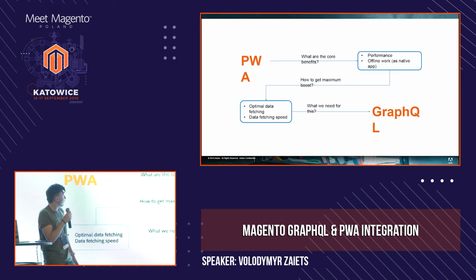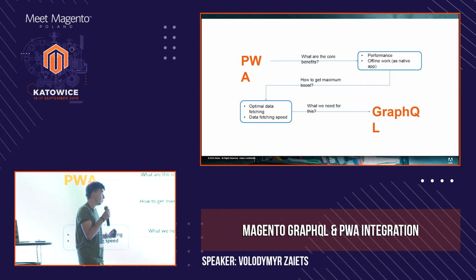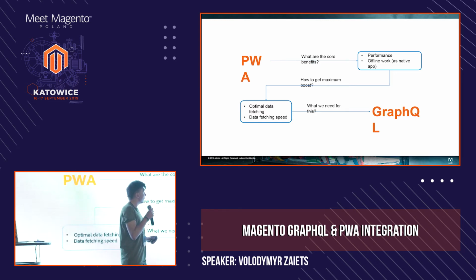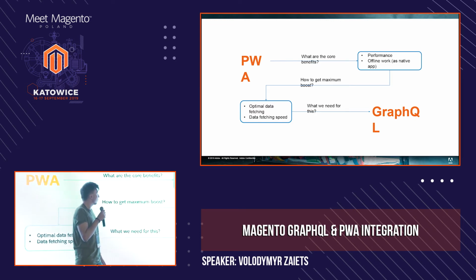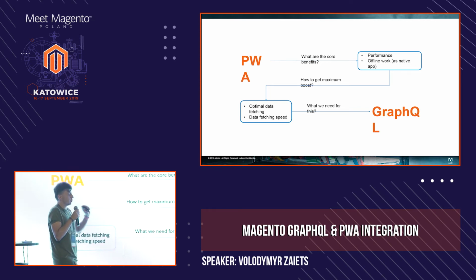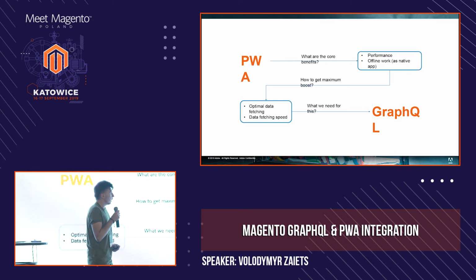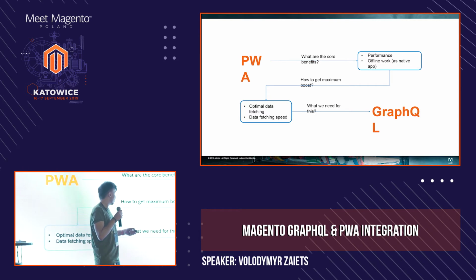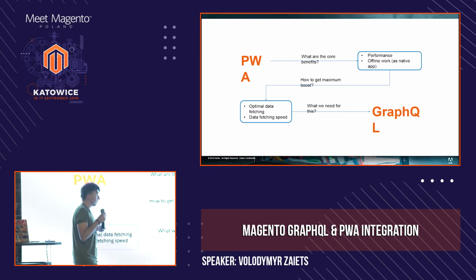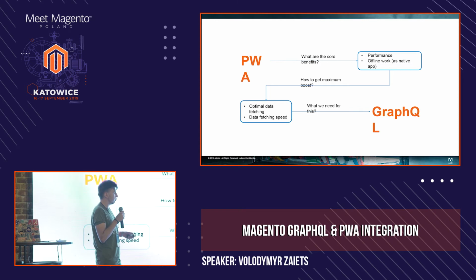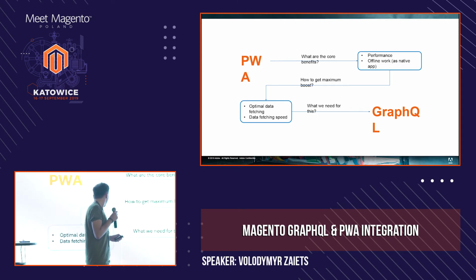Okay, let's remind ourselves of the main benefits of PWA and what we need to unlock their full potential. The main benefits are performance, because it's really fast, and offline work like a native application. Let's consider what we need to unlock the full performance of these benefits.